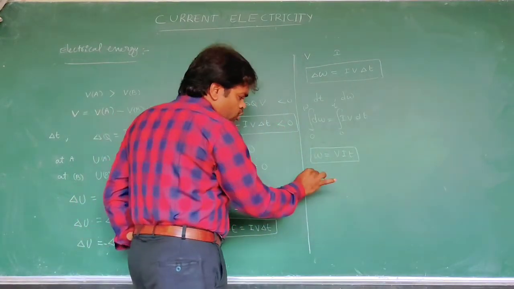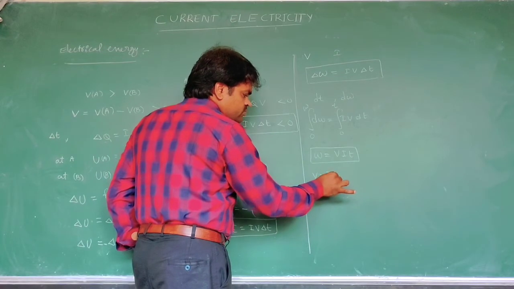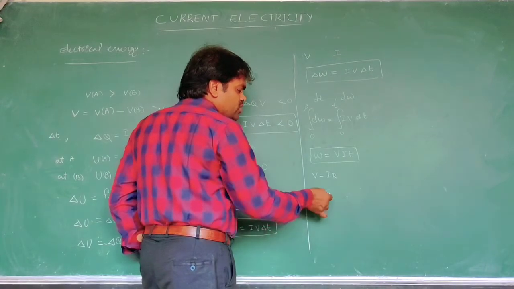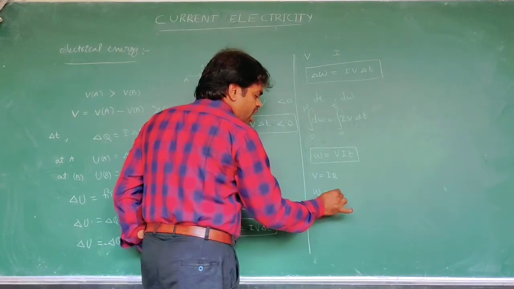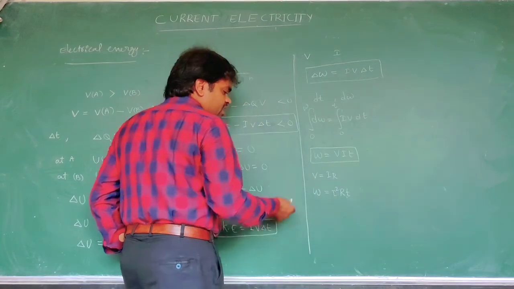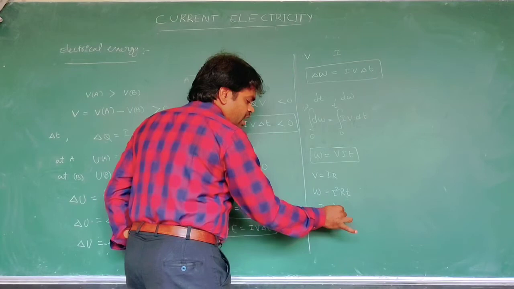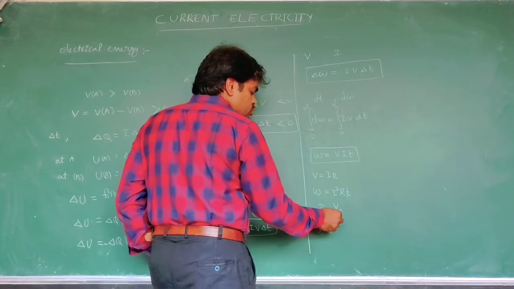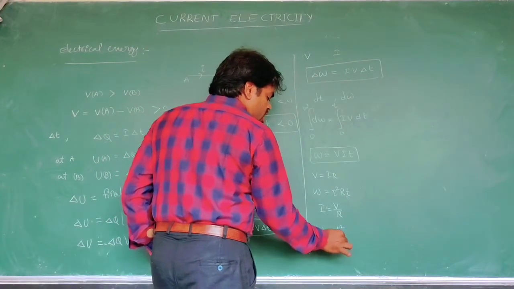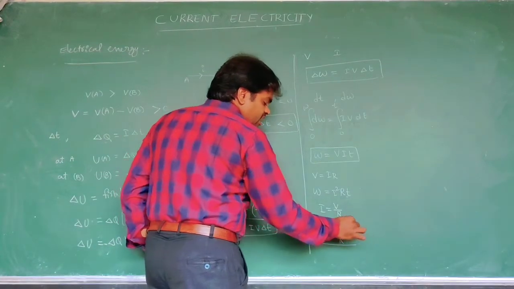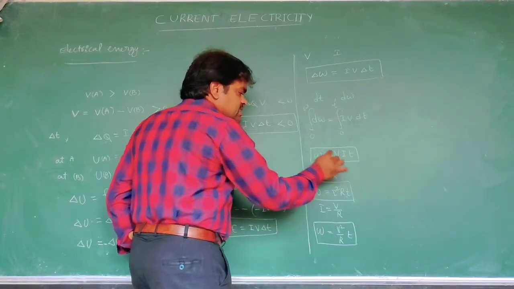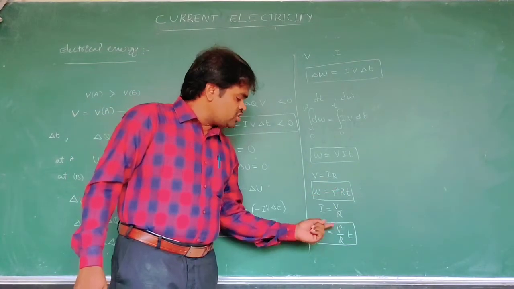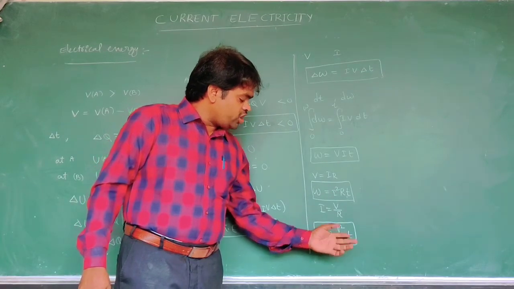According to Ohm's law, V equals I R, so the electrical energy W equals I square R T. Also I equals V by R, so substituting, W equals V square by R into T. These are the three forms of electrical energy: W equals V I T, W equals I square R T, and W equals V square by R into T.